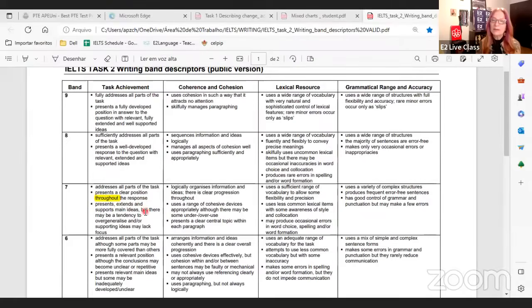It doesn't say, if the essay requires, no, a clear position. It's different than an opinion, and we're going to look into that today. So you should always include your position and at times your opinion, right? Okay, I hope that we've cleared that up and we can move on now.